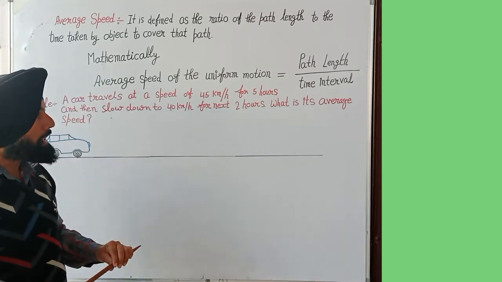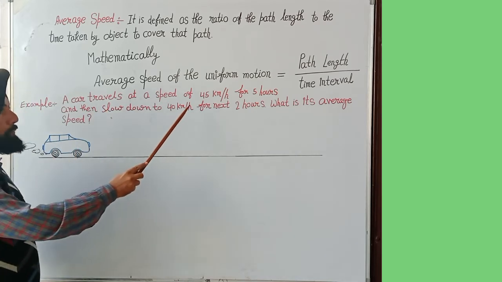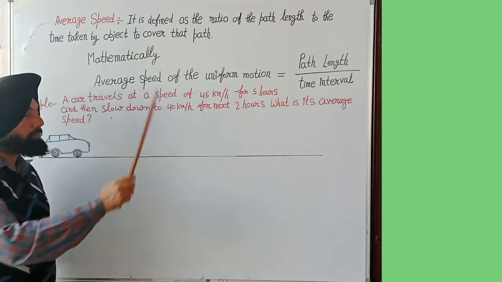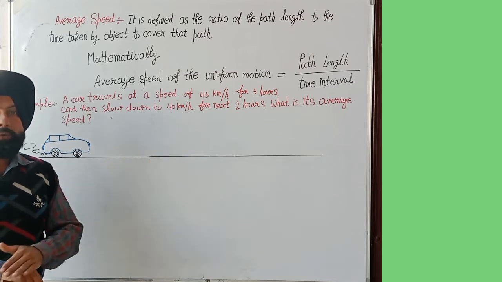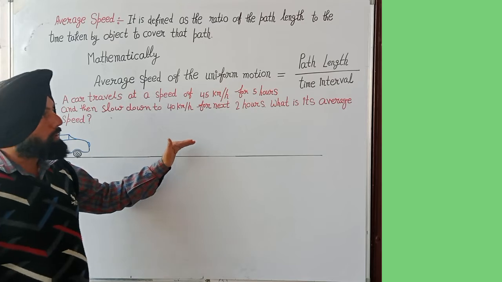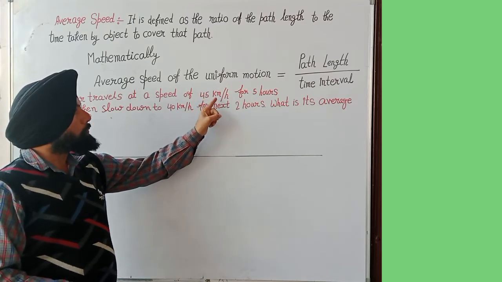For example, we have a car which is moving at a speed of 45 km per hour for 5 hours. A car is moving on a road. In the first 5 hours, its speed is 45 km per hour.